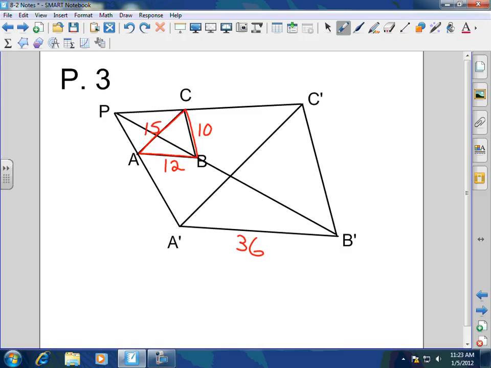What would A prime, C prime be? 45, because you multiply by 3. And what would C prime, B prime be? 30. All because I had a dilation ratio of 3 to 1. Does that make sense? Yes, sir.